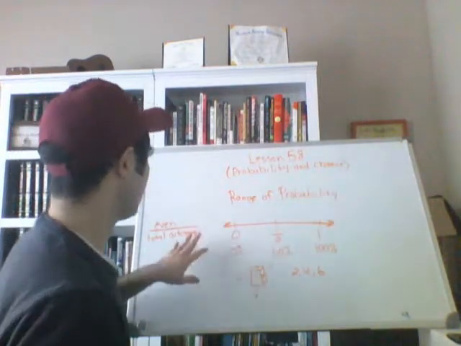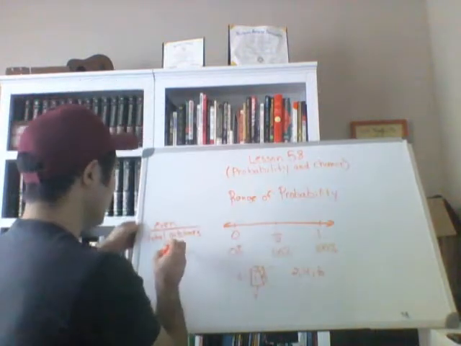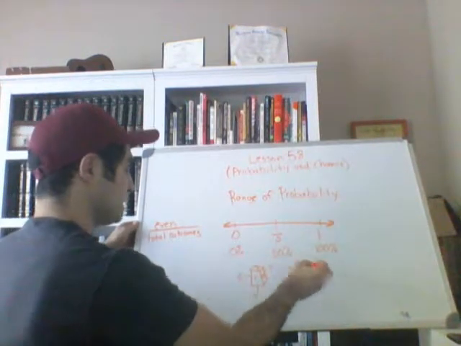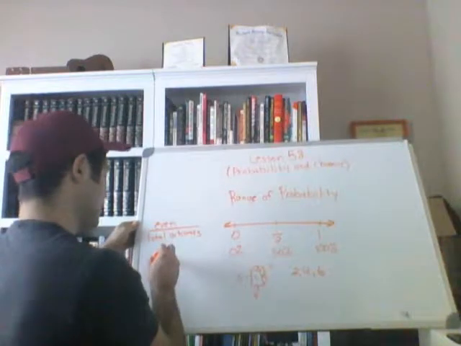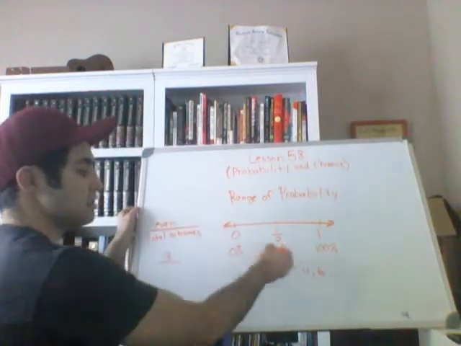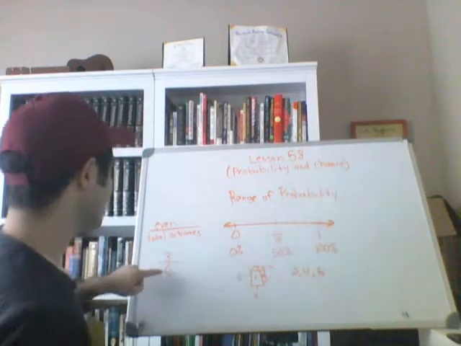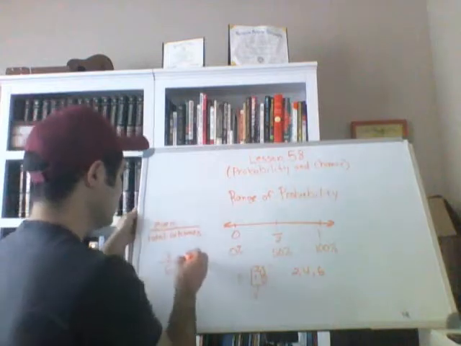Okay, so let's assign some numbers to these two concepts. So an even number, there's 2, 4, 6. That means there are 3 even numbers, and then the total number of outcomes would be 6, because there are 6 sides to that number cube. So 6 would go on the bottom. Then you could reduce this.